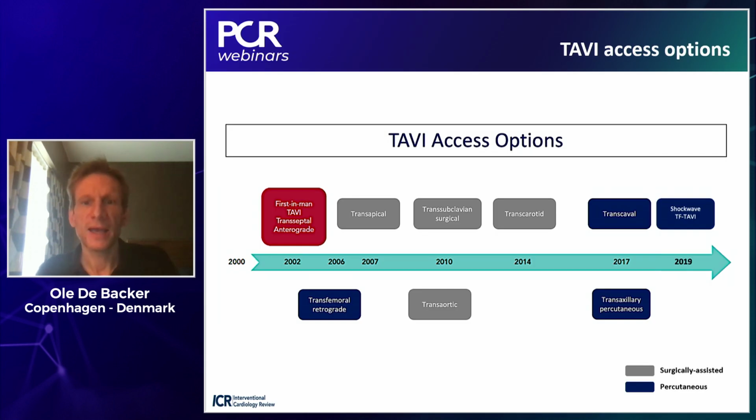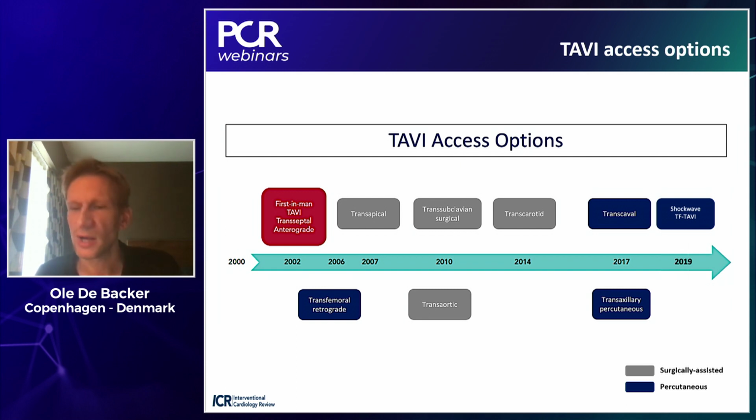And here in this particular slide, you see that from the start of TAVI in the beginning, of course, the transfemoral retrograde approach, as we know now as our standard approach, was already used. But also in the beginning, there was quite a lot of use of transapical. That was, of course, due to the Edwards system, transapical use.